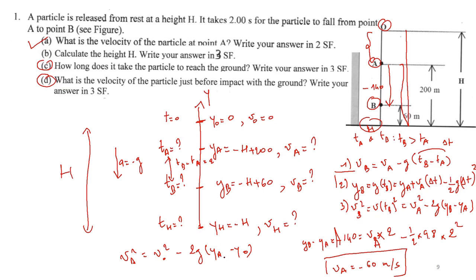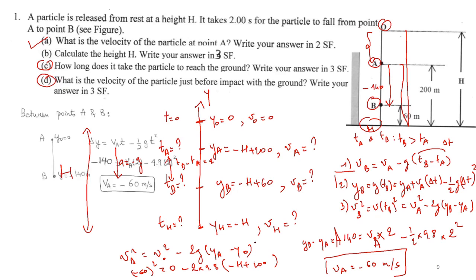So here, let me use it between O and A. I will have VA square, which is minus 60 square, is equal to V naught square, which is 0, minus 2G, 2 multiplied by 9.8. Now, what is YA minus Y naught? YA, I know it already. YA is equal to minus H plus 200. Y naught is 0. So the only unknown is H, and you get it right. There is another way to do it.